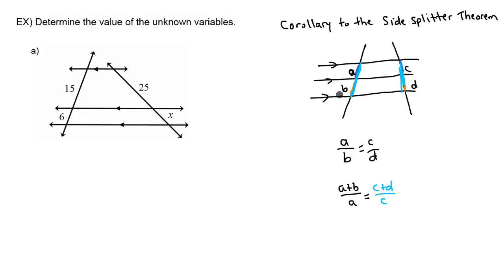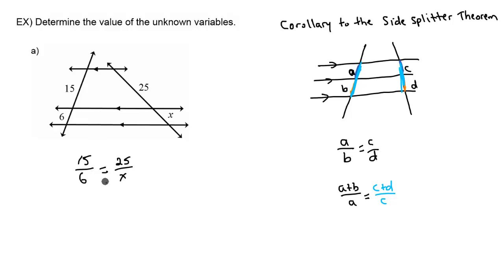If you compare this part right here to this formula, it looks like our variable for A is going to be 15, and we want to divide that by 6 because that's going to be B down here. So that's 6. That's going to be equal to 25 divided by x. And all we have to do to solve for x is just cross multiply.